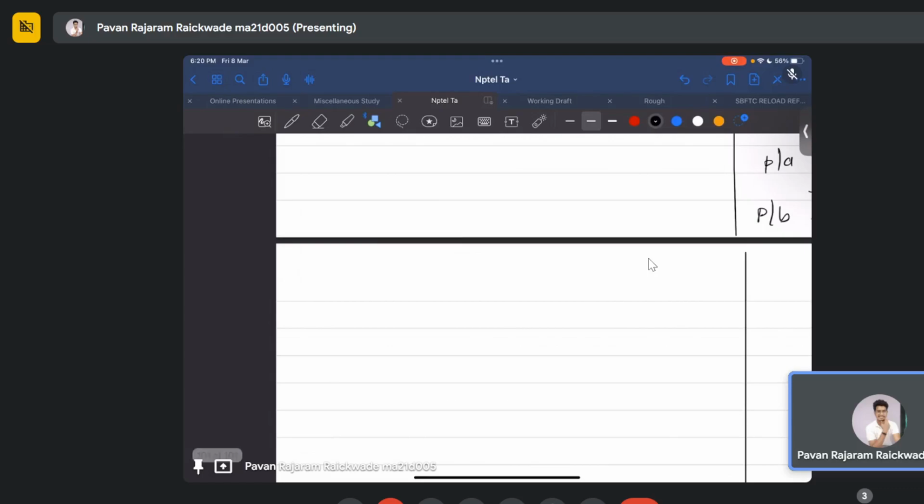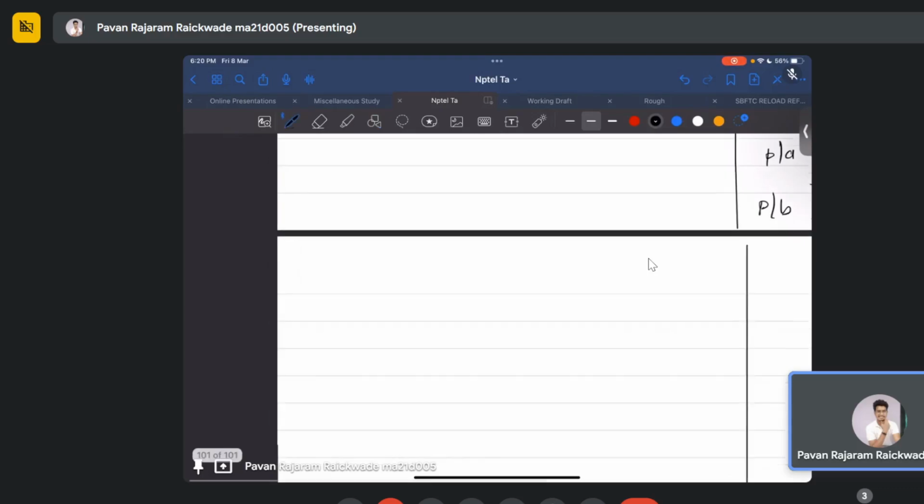So before that, let's give one proposition about prime elements. It's a very easy observation. Let I be an integral domain.